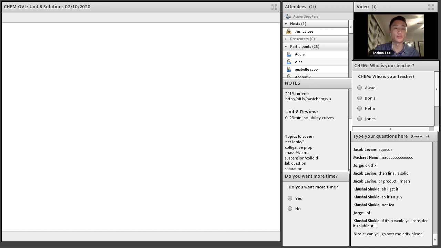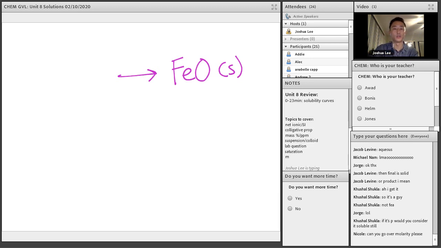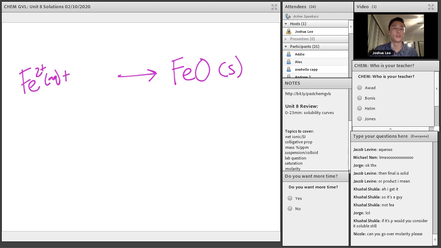To do that, we want to make this couple, FeO, and since it's a precipitate, it's a solid. All we need to know is what the ions were that made it. So we needed an iron 2 plus aqueous plus O2 minus aqueous.